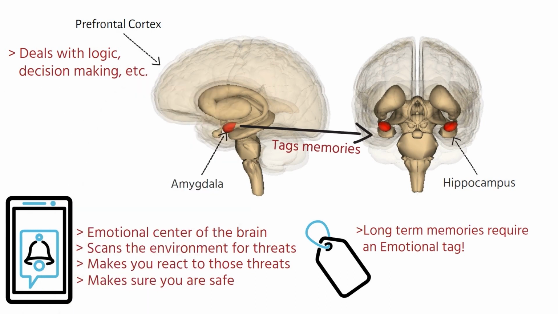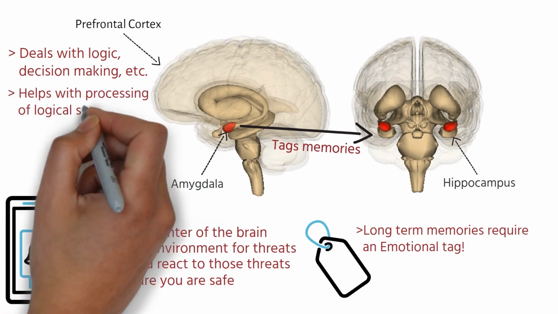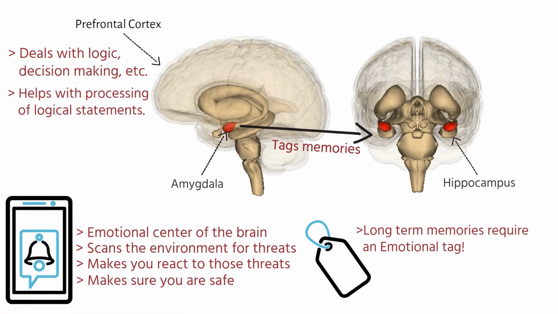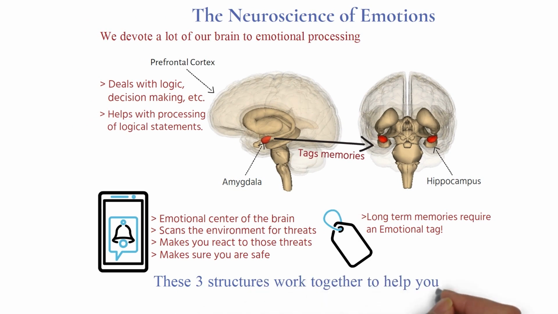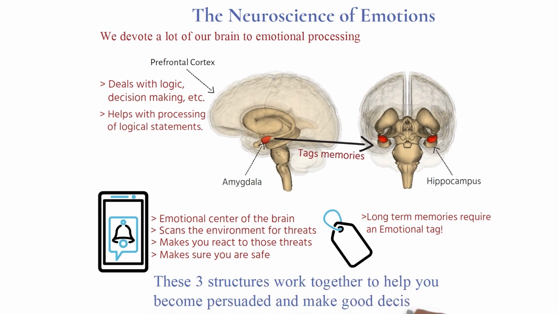And you need that part. You need the emotions to help you with the processing of logical statements too, because it helps you understand what's important to you and what's not important to you. So all these 3 structures work together to help you become persuaded, and also to help you make good decisions.